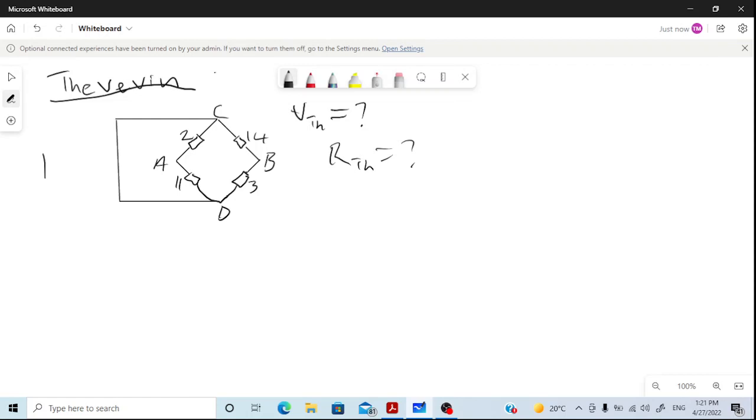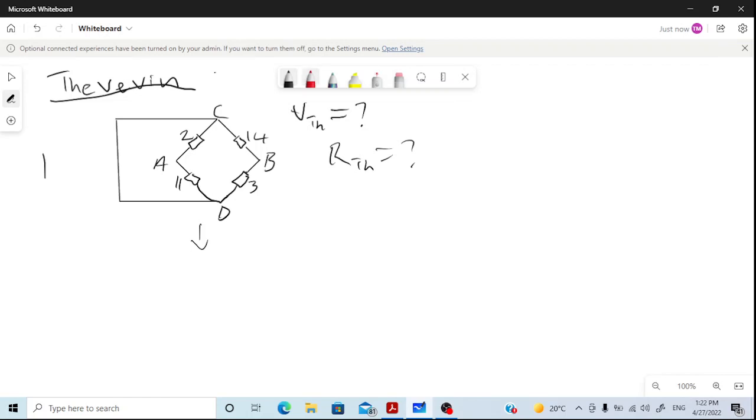Okay, so the first step is to simplify the circuit. As you can see here, point C and point D are connected. So you can simplify this circuit by connecting point C and point D directly. In your case you will need to redraw a new circuit, but it's going to take a lot of time. You just have to draw this circuit again.